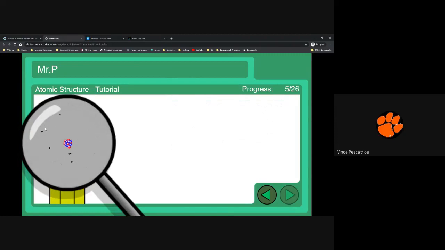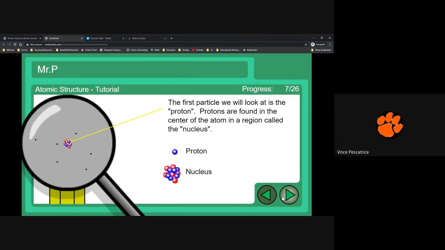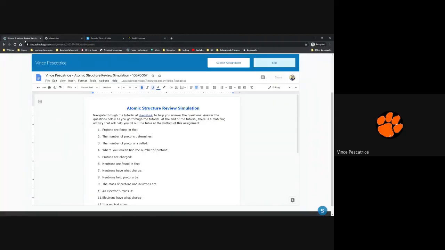All right, so the electrons fly around a nucleus like this. And if we slow them down enough, we'll be able to look at the electrons. First we're going to start with the nucleus in the center. The center of the atom is the nucleus that has the protons and the neutrons. So the region of the atom where we can find this is the nucleus.